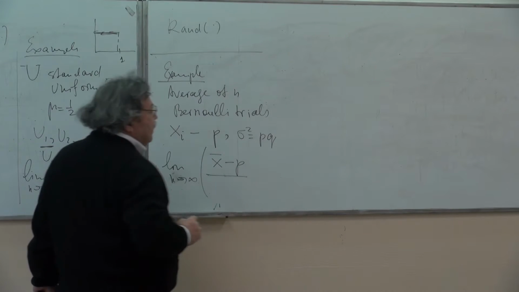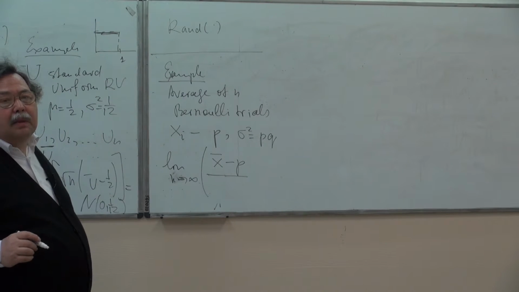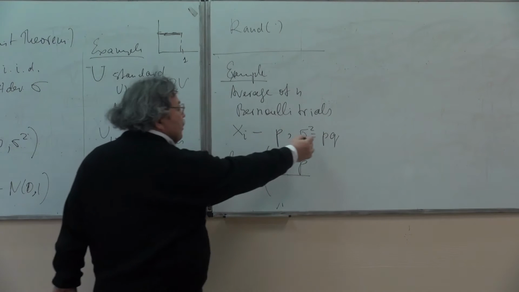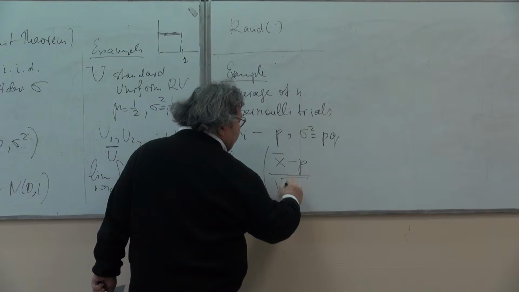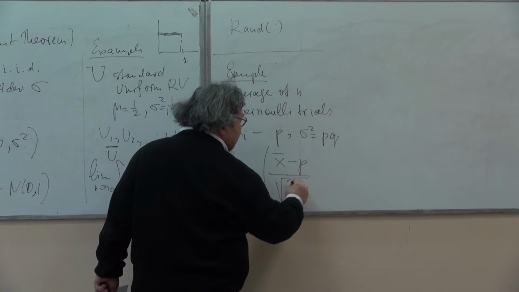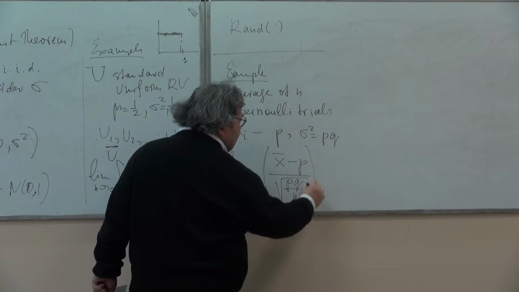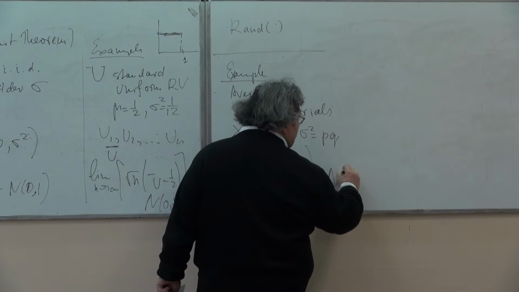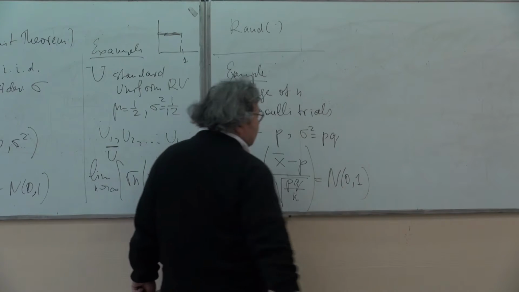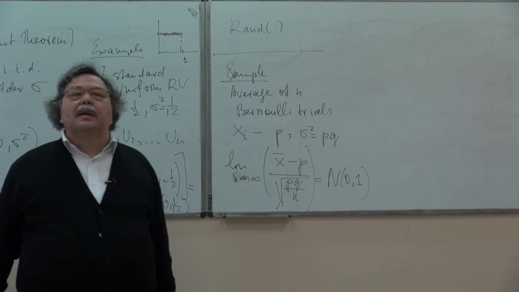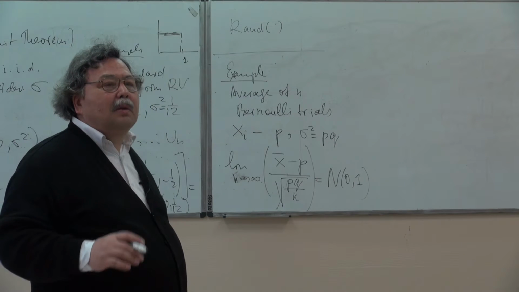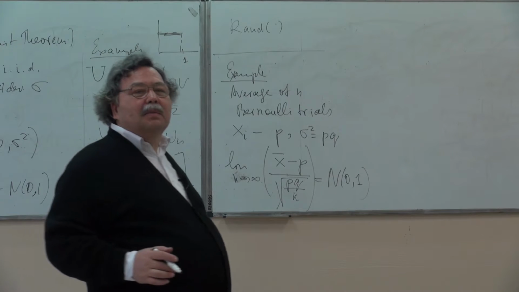And what do we write here? It's sigma divided by square root n. Now, this is not sigma, this is sigma squared. So what we have here is square root of p times q over n. And this is the standard normal distribution. Again, you can find some appropriate means in Excel to perform an experiment, okay, and see whether it works.